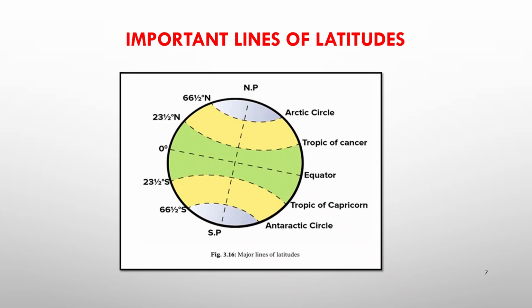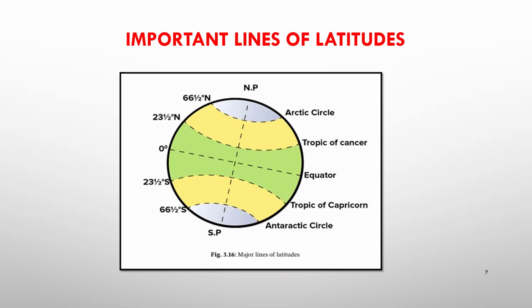So the first is the North Pole, and the value is 90 degrees north. The North Pole is the northernmost point on Earth. It is located at 90 degrees north of the equator. At the North Pole, all longitudes converge.